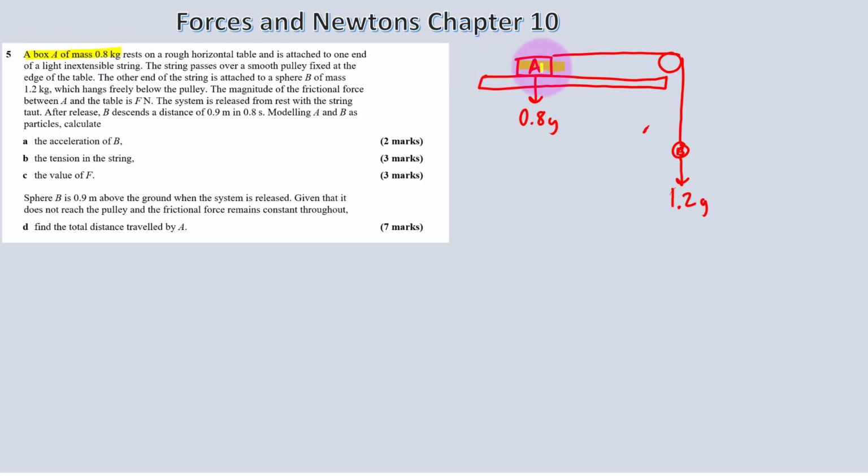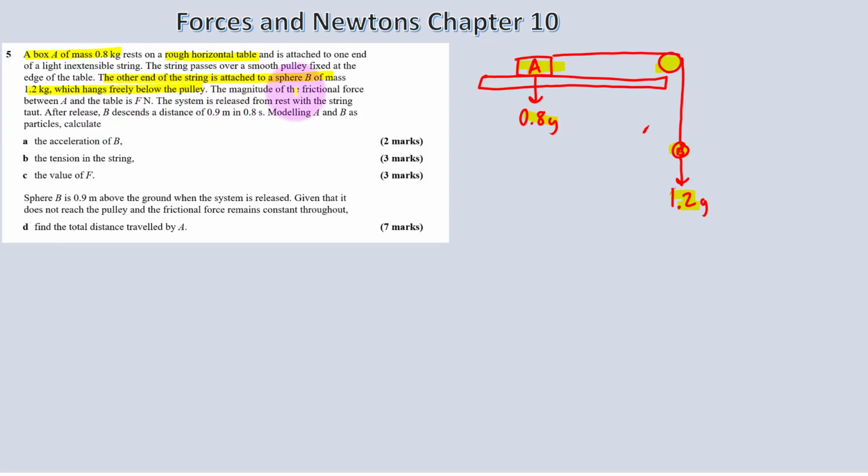Okay, that's A. We've got 0.8 here. The string passes through a smooth pulley, no friction. It's a rough horizontal table, so there's going to be a frictional force acting against the movement. Sphere B is here, which hangs freely below the pulley.